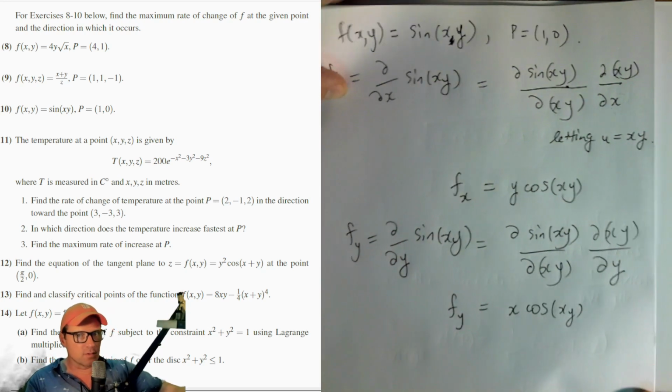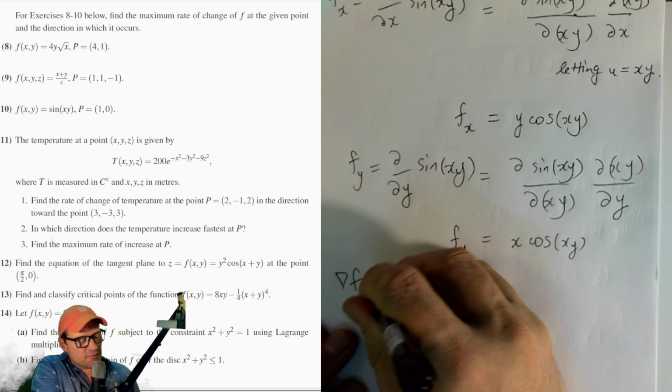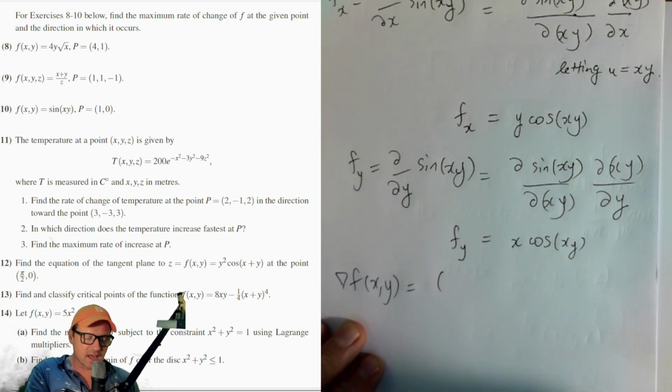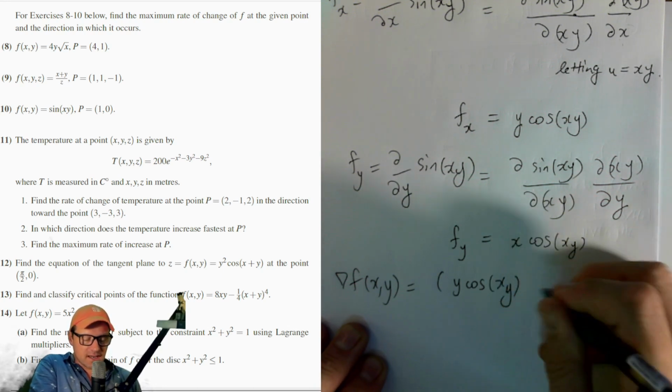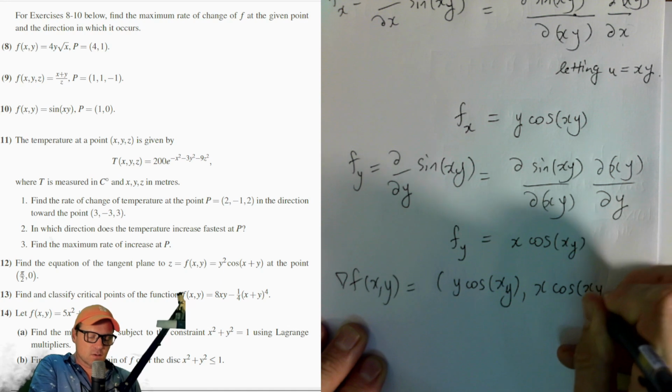Okay, so now we can form the gradient vector at the point x, y. So grad f at x, y is the vector f_x, f_y, so y cos of x times y, comma, x cos of x times y.